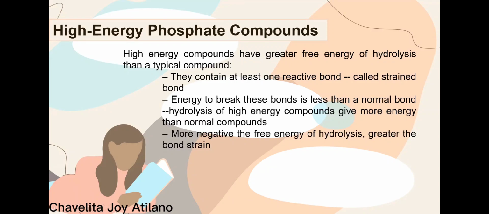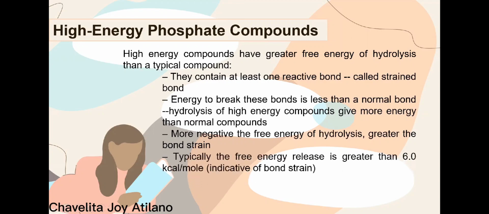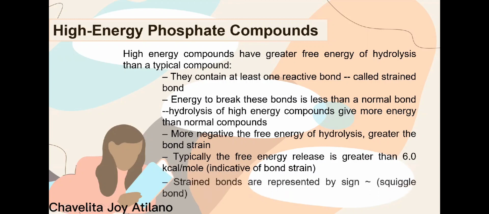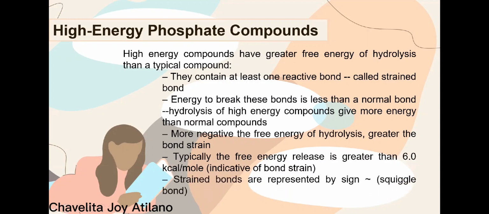In chemistry, we talk about the energy that is produced in a reaction. We typically use the unit of kilocalorie or calorie. Typically, a free energy release greater than 6.0 kilocalories per mole is indicative of bond strain. Strained bonds are represented by a squiggle bond.